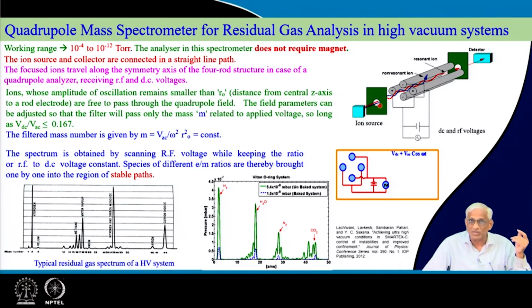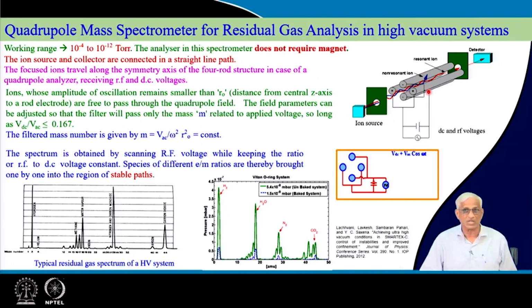The ions are now collimated through a slit, through an orifice, and all the ions will go through a filter called the quadrupole filter, and there will be one DC voltage and RF voltage applied to the pairs. Each two electrodes form one electrode, plus plus, minus minus, because the vertical ones are short circuited and the horizontal ones are short circuited.